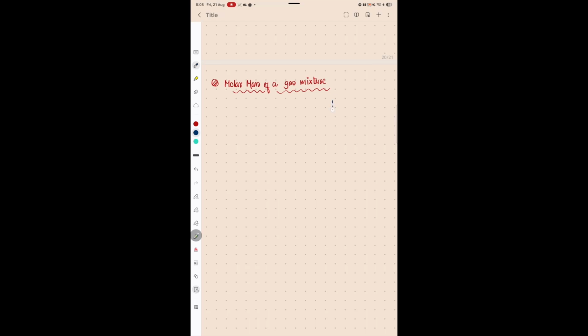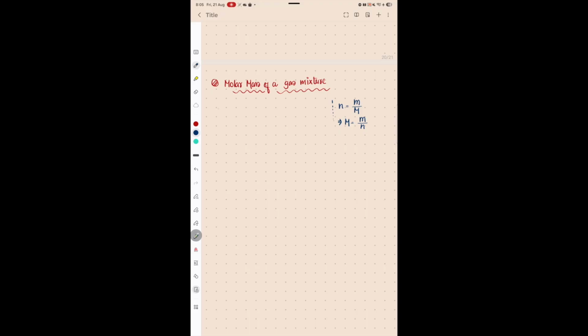Generally in chemistry, how do we define molar mass? In chemistry generally moles equal to mass upon molar mass, or molar mass is equal to mass upon moles, right?